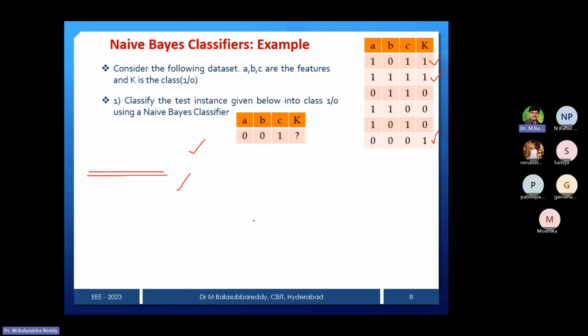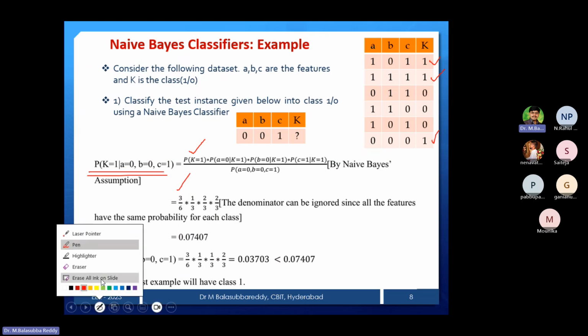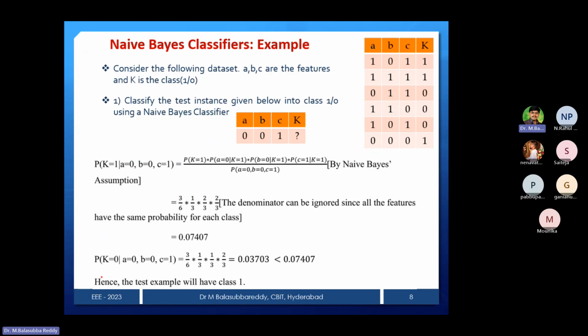As per that formula, we have probability of K is equal to 1 into probability of A is equal to 0, and so on. This is the combination. What we are checking is only to understand the formula, then the remaining is dead easy. Only 1 minute to solve the problem. K is 1 I took as the first case; the other case is K is 0, each with ABC data.